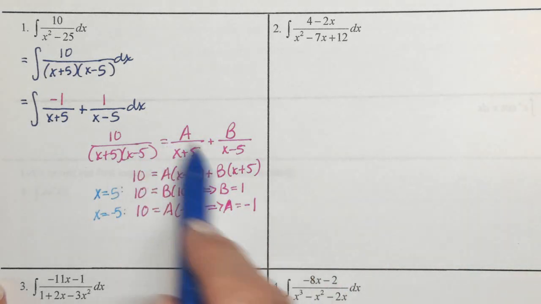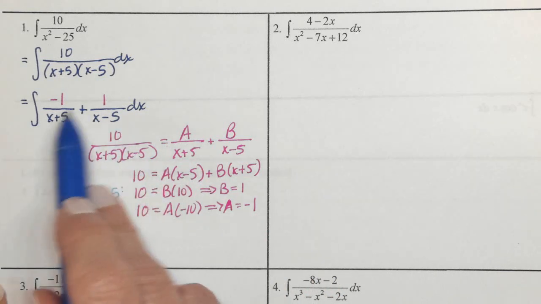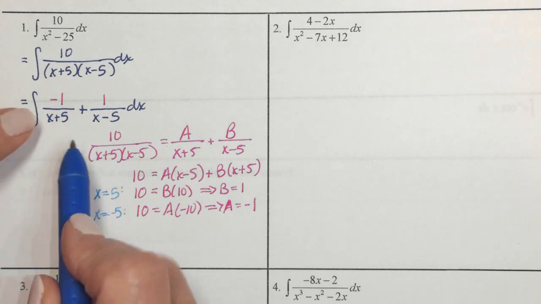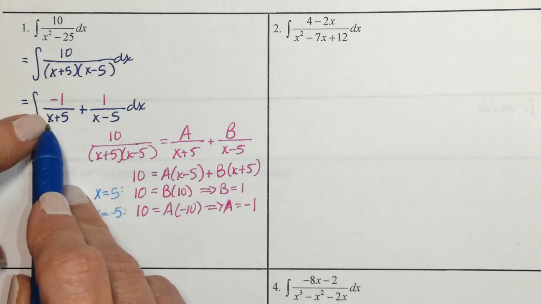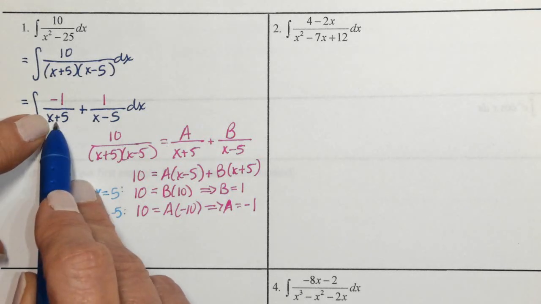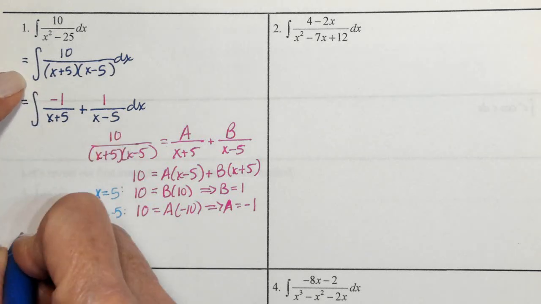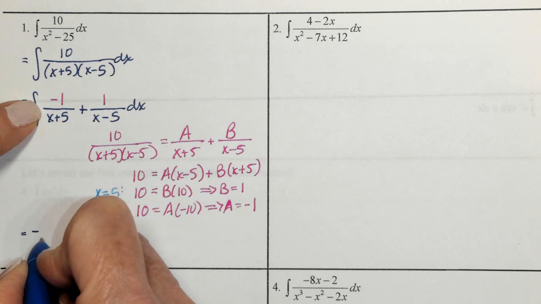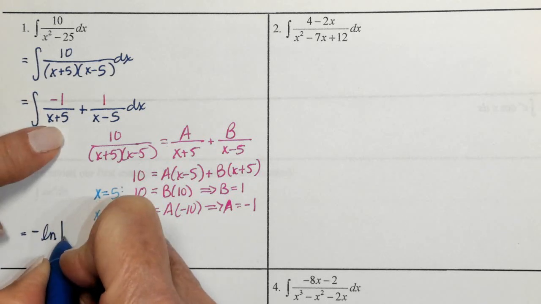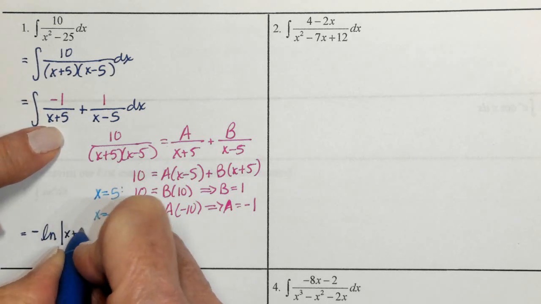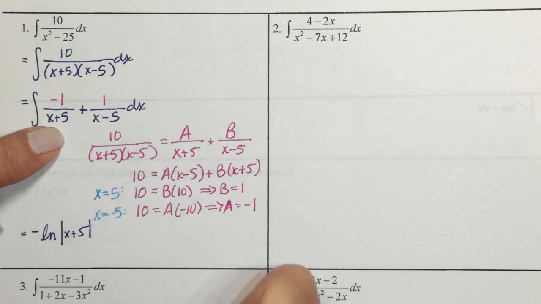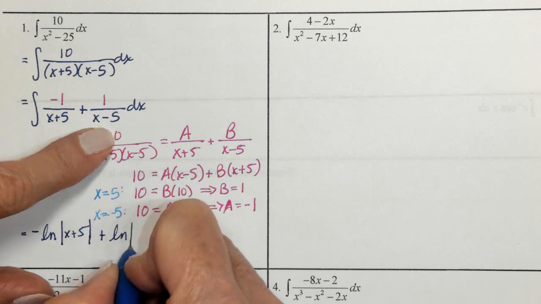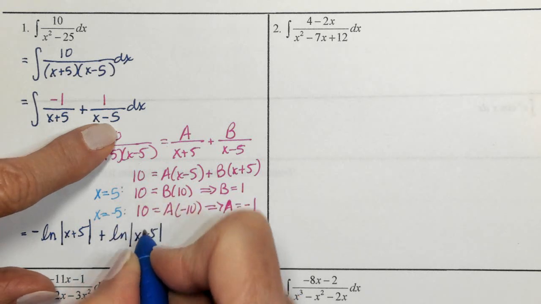And that's the hard part. Now all that is left is to integrate this, and these are easy to integrate because the denominator is linear. All we need to do is say, okay, this is negative 1 ln absolute value x plus 5 plus 1 ln absolute value x minus 5.